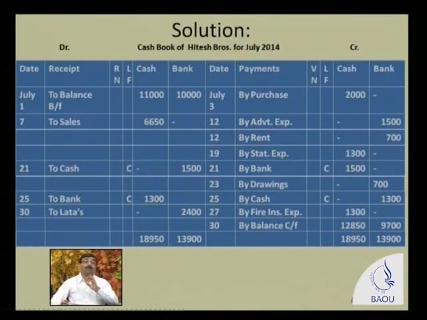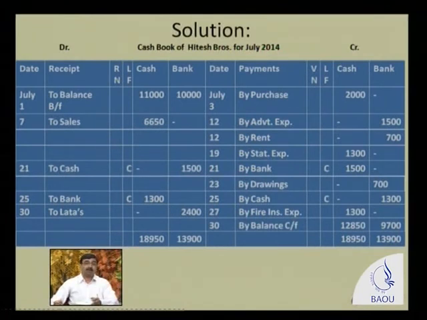Now we will close the bank column. Here in the bank column, anything is possible. Maybe the credit side total can be higher, or maybe the debit side total can be higher. So we need to make a total on both the sides, debit as well as credit. Whichever side the total is higher, the other side total would be deducted from it, and find out the difference.